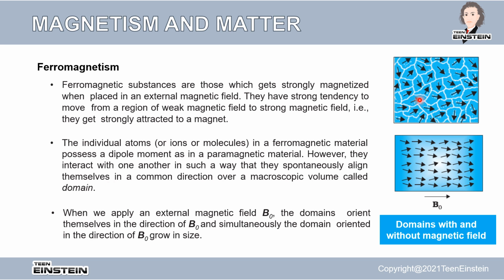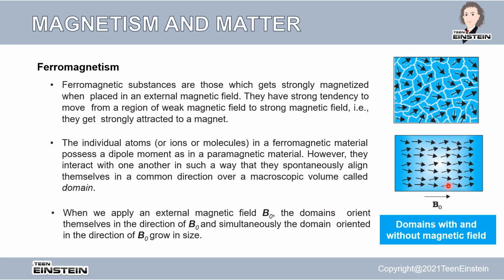If you look at the magnetic moments inside the domain, they are arranged in a particular order, unlike the paramagnetic materials, where it is completely random and the net magnetization is zero. In a ferromagnetic material, the origin of magnetic moment is the same, but the net magnetization is not zero because the moments interact with each other and are aligned in a particular direction within each domain.